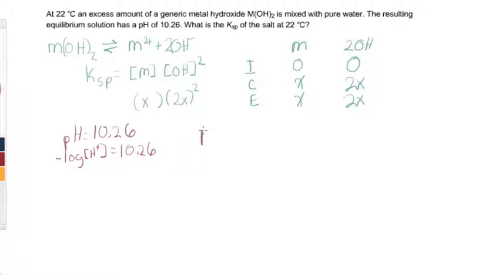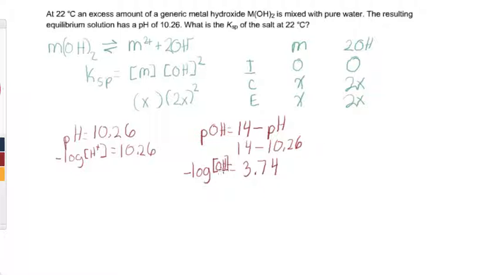So there's something called pOH, and that equals 14 minus the pH, or 14 minus 10.26, which is going to equal 3.74. Okay? And again, that's going to equal the negative log, that's what P stands for, of, in this case, the hydroxide concentration.